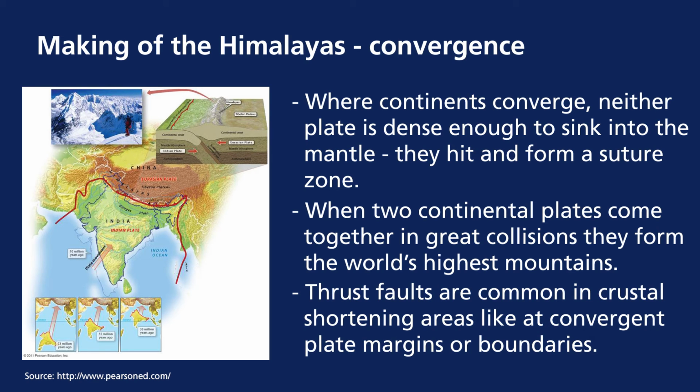Thrust faults are beyond the mountains, where the crustal shortening occurs on their boundary. So the land boundary of the two plates is the thrust fault. The mountains happen where one plate subducts under the other plate under great pressure.